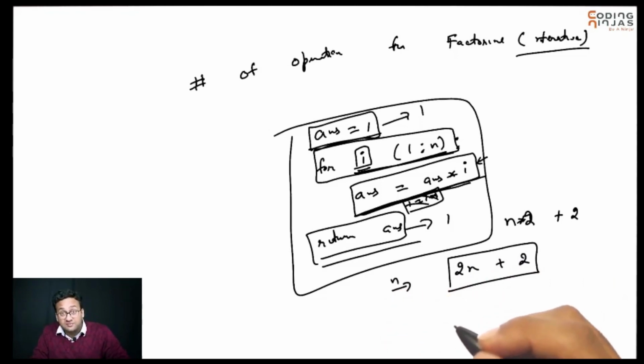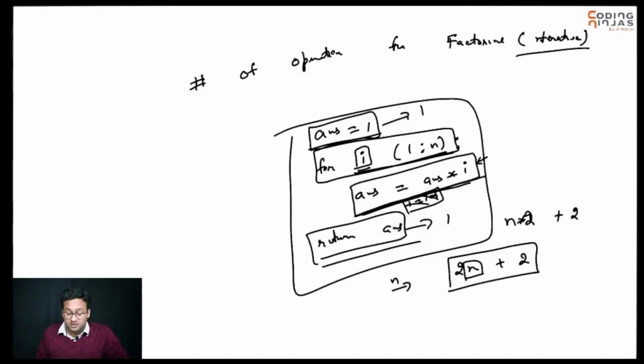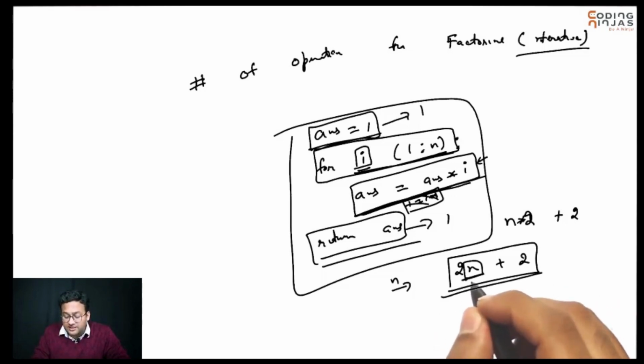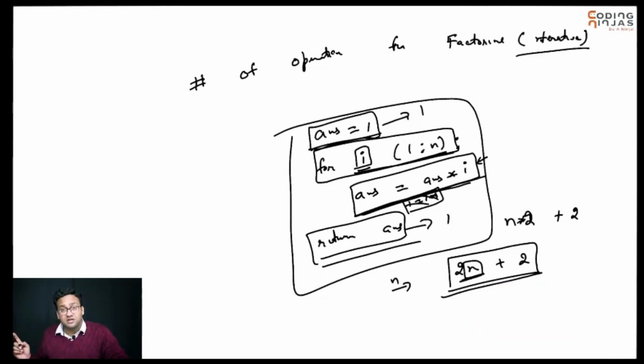And as expected, it depends upon n. If you ask for a factorial of a large number, my algorithm is going to take more time. If you ask for a smaller number's factorial, it's going to take less time. And seems like it's linearly dependent. If you increase n by 10 times, my operations will also increase almost by 10 times, not by 100 times, right? So linearly it's growing.